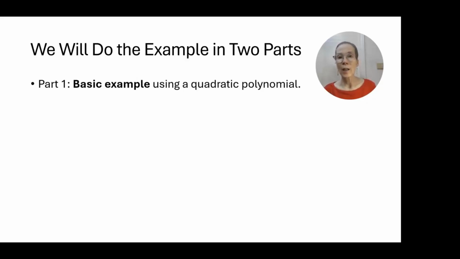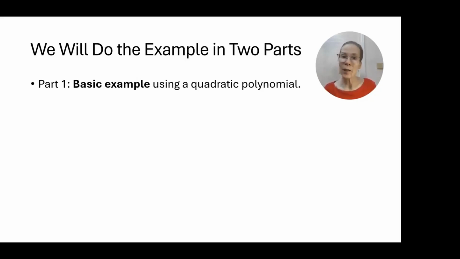A quadratic polynomial is a polynomial of degree 2. It's going to be a parabola, and a parabola can have either 1 minimum or 1 maximum. So this is a very basic example that will allow you to identify that minimum or maximum.